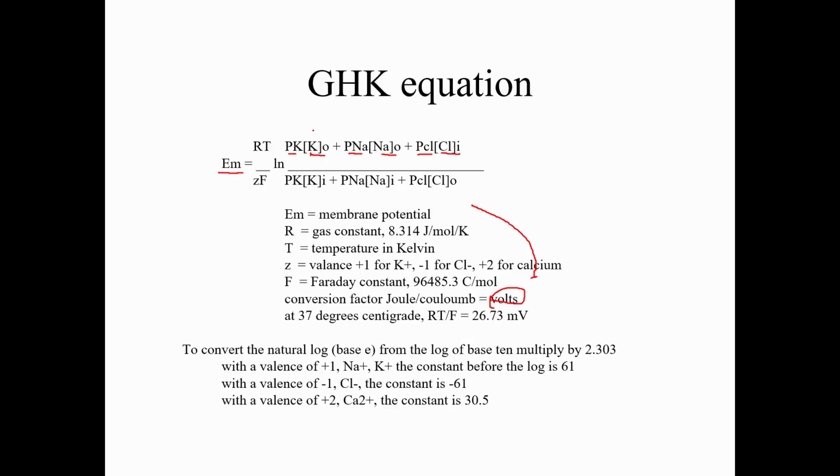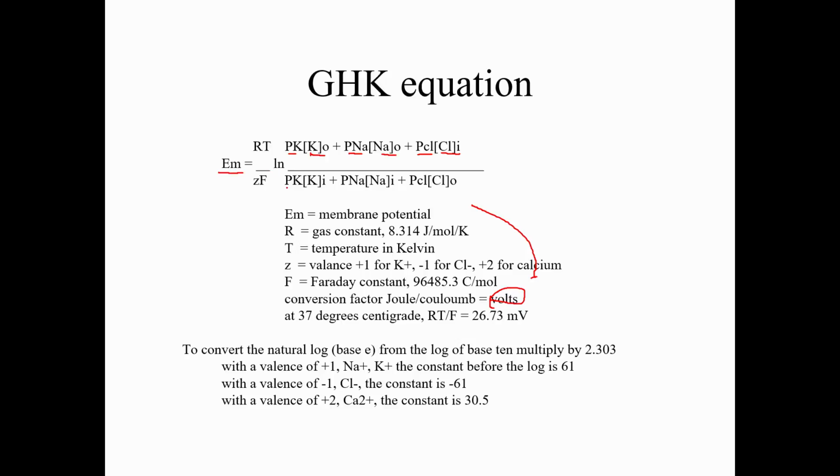Wait a minute. Potassium's out, sodium's out, but chloride is in. What's that about? Well, chloride has a different valence than these two, which when you do a bunch of mathematics makes chloride on the top. Nothing to freak out about.